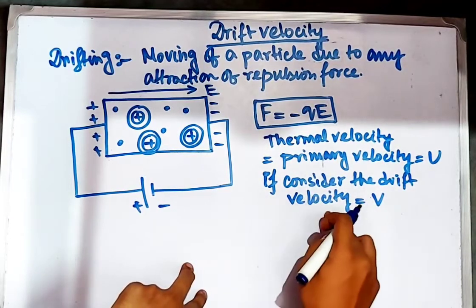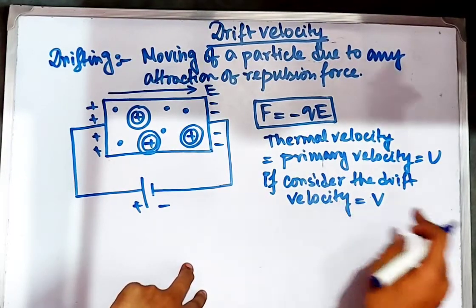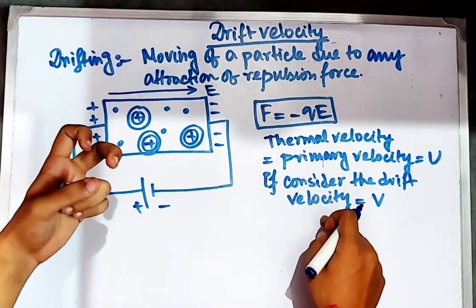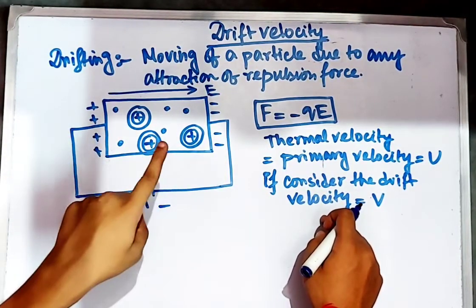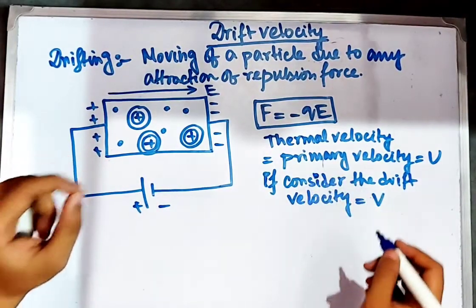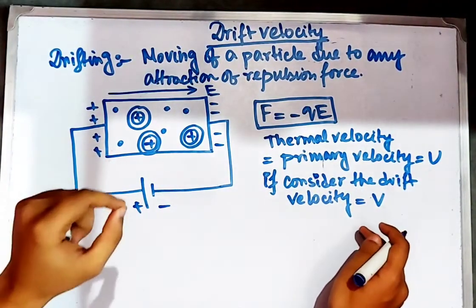So due to the drift velocity, the electrons are getting pulled in the opposite direction of the electric field. The electrons are experiencing an acceleration.